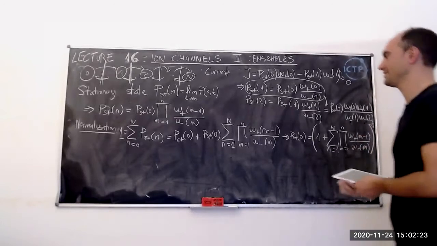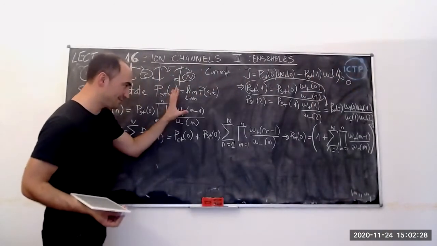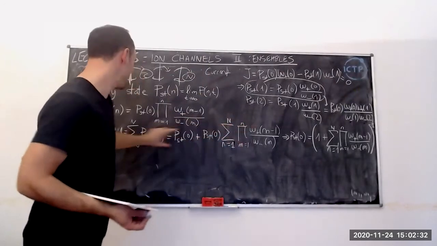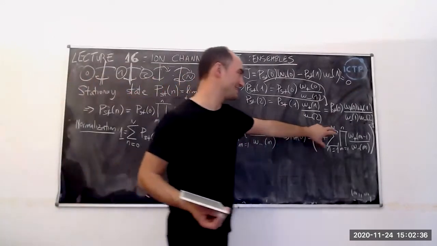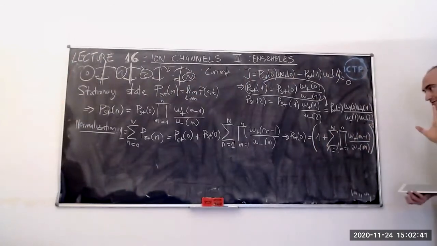So 1 is equal to P stationary 0 times parentheses 1 plus all this. So P stationary 0 is 1 divided by all this. Okay, you follow me with this?